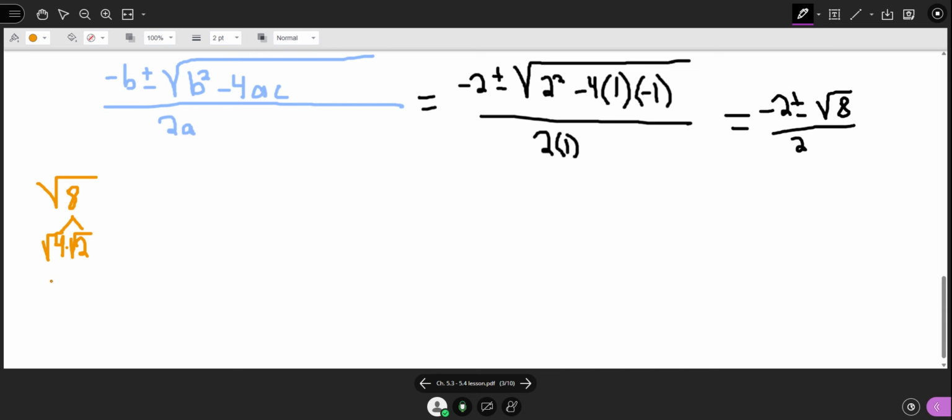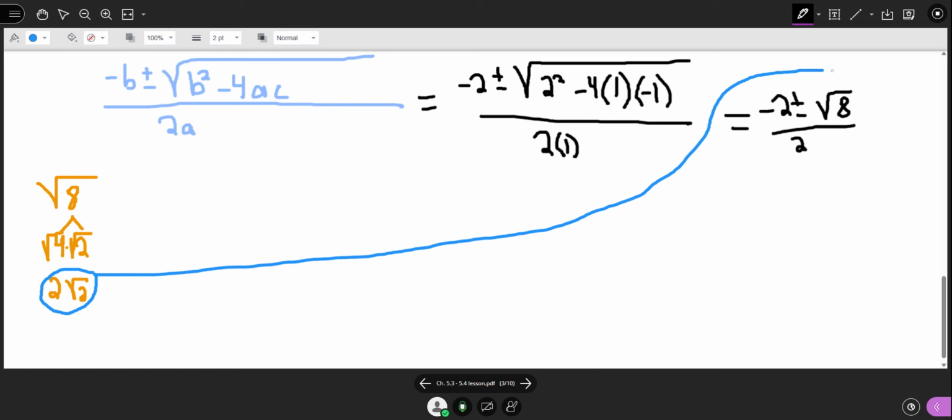The square root of 4 is 2, and the square root of 2 doesn't clean up. Ain't that some nasty crap? So I'm going to plug that in for this.